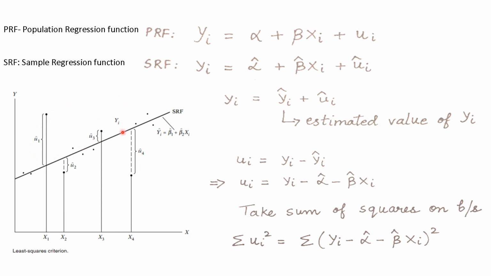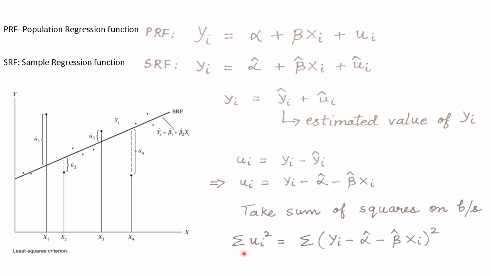So if we simply take the sum of these residuals, there is a possibility that we get a zero sum of these residuals. So in order to avoid that problem, we take the square of these residuals and then we add it up, right? So this is what we have done here.